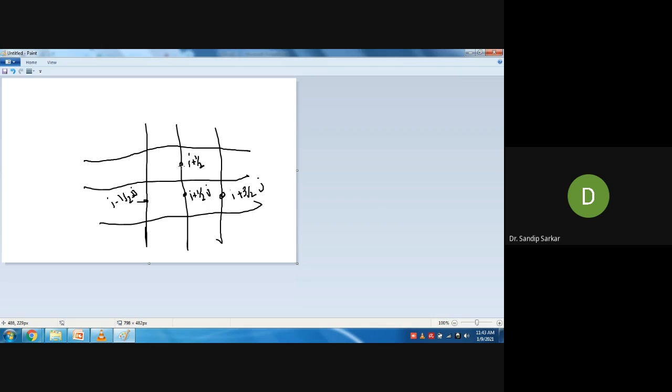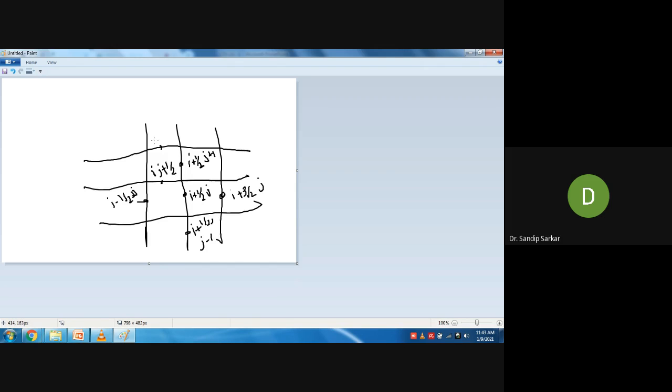This point is (i plus 1, j plus 1). And this point is (i plus half, j minus 1). So at this point is v(i, j plus half).